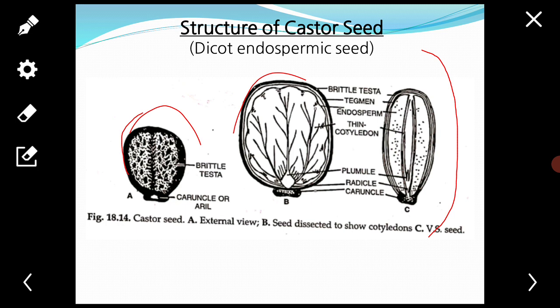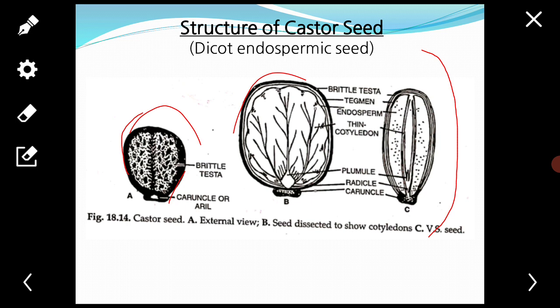The castor seed is broader at one end and pointed at the other end, with an elliptical outline. The color is mottled dark brown with a hard, smooth and shining testa. Tegmen is thin, white and membranous.